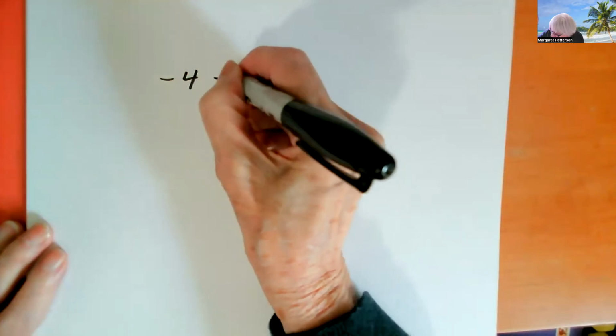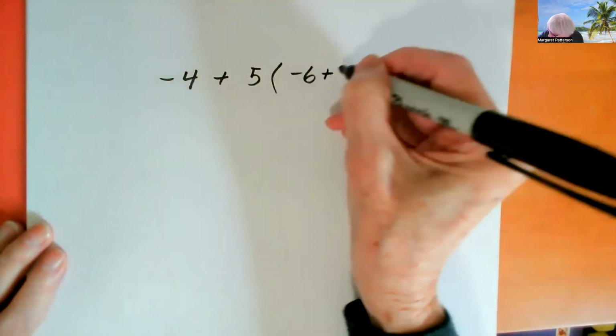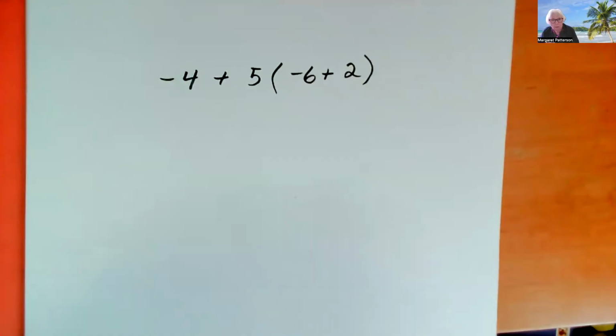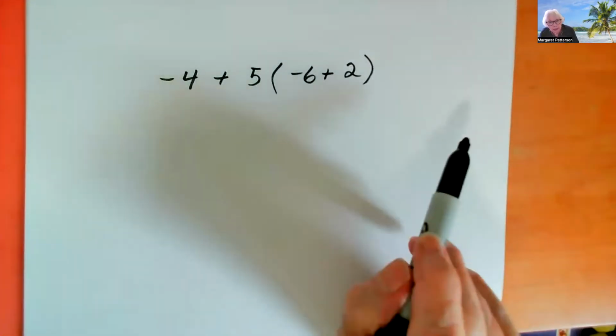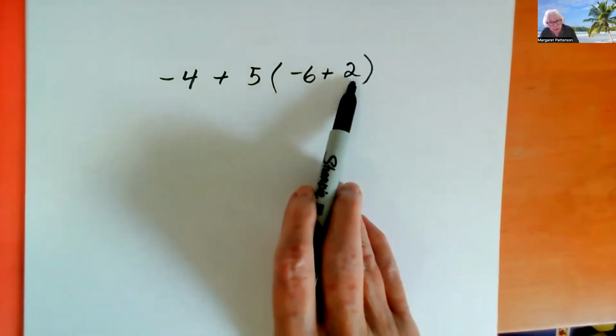Here's a problem where the rules are mixed up. And so this was going to require some multiplying and some adding and so on to get this done. Order of operation kicks in, and we do the parentheses first.